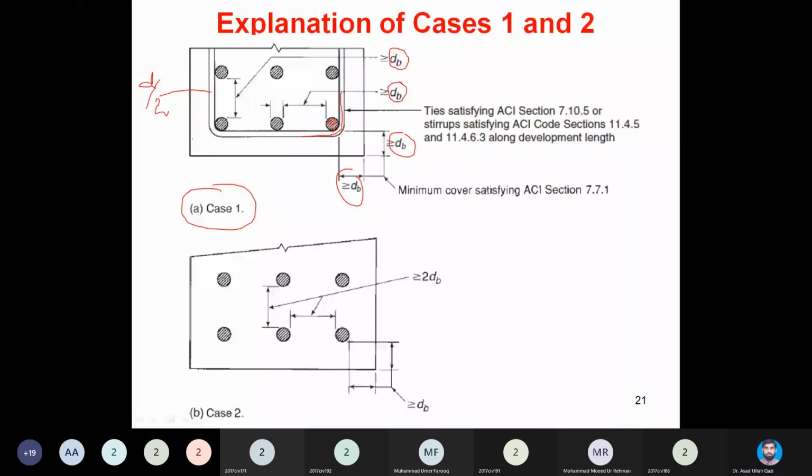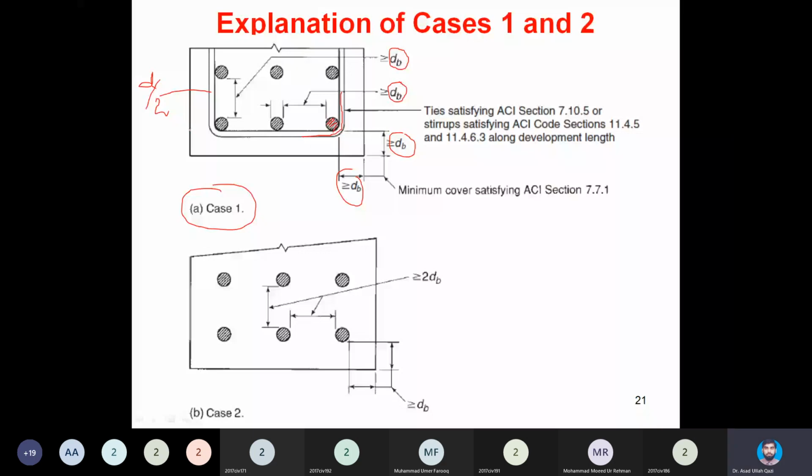So the spacing recommended by ACI is that you have to provide ties, where otherwise, if not required by design, still the minimum recommended is a spacing not wider than half of the effective depth.